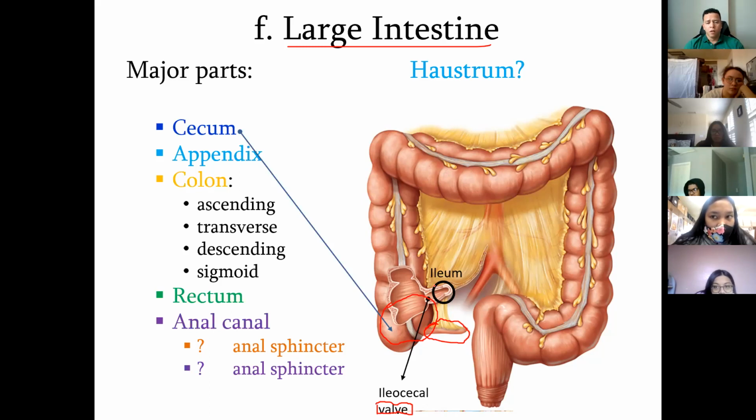The leftover water that our body still wants from the food that we ate is going to be absorbed as it passes through the large intestine. Two, the large intestine is also very important for the formation of feces. The feces are going to be formed in the large intestine as it moves towards the rectum and the anal canal.